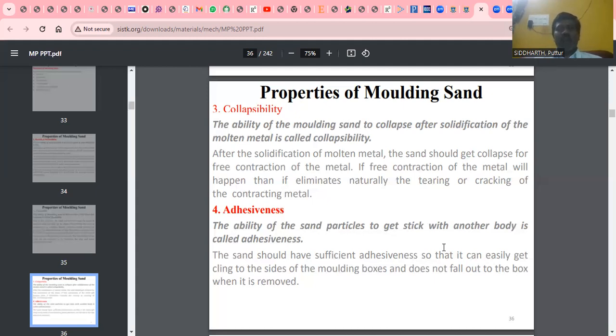While removing the patterns we shake or rap them, but initially the sand must have this adhesive property to stick to the walls of the cope, drag or cheek, and to the patterns also.